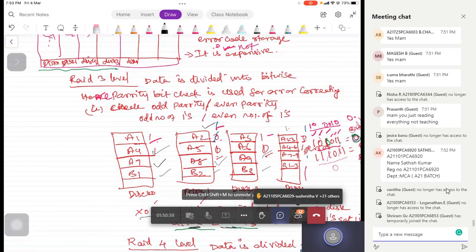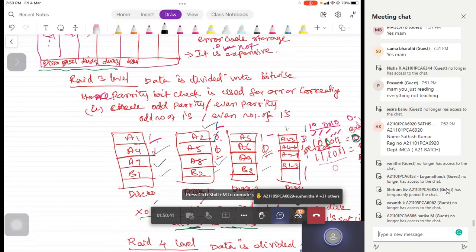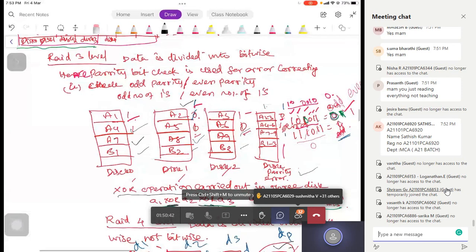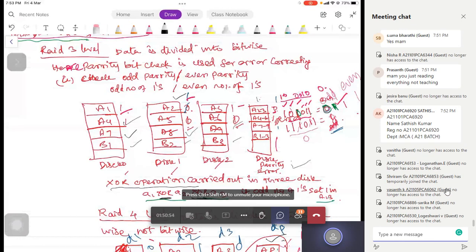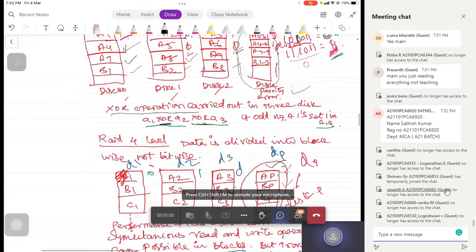If there is an error in any one disk, it will be recovered by the parity check. Suppose we have more than one disk in error, we can't rectify it, so again there will be a problem. And likewise, if the whole parity disk has crashed, we couldn't rectify the information stored in disks 0 to 2.